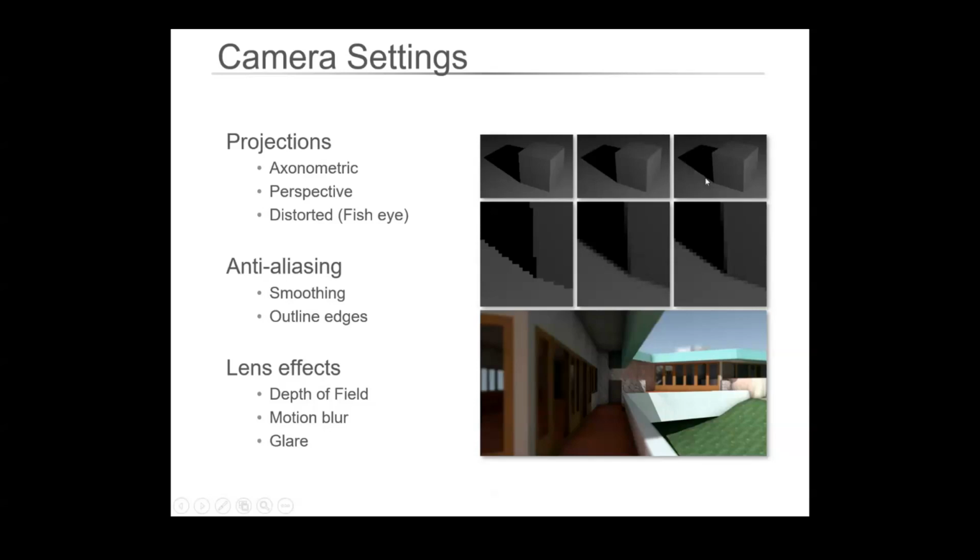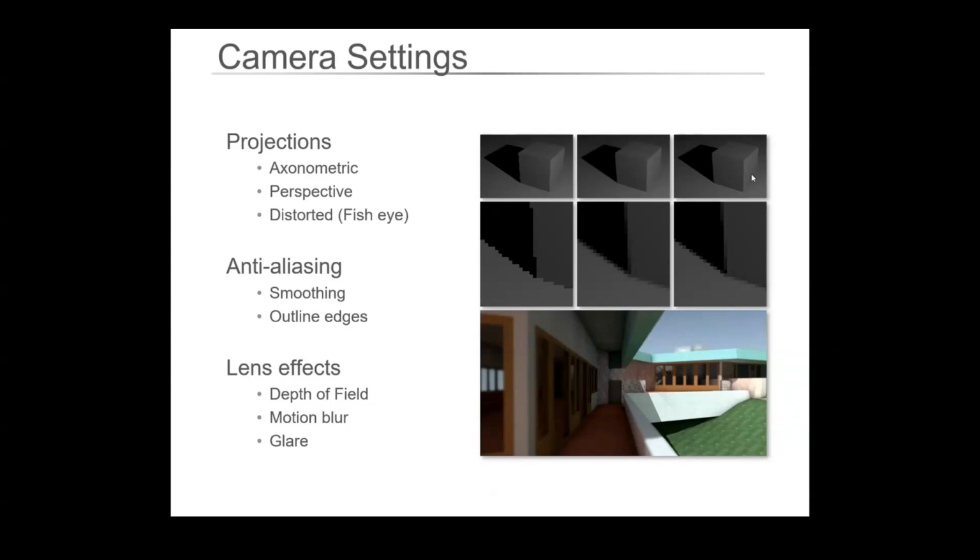Anti-aliasing is another thing to keep in mind. So that allows us to take the image from something like this, where we can see all the pixelation of the shadows, to more of a nice smooth shadow like this, or an image. And ArchiCAD generally has, I think it's about 5 settings for the anti-aliasing, from basic to best or final or something like that.